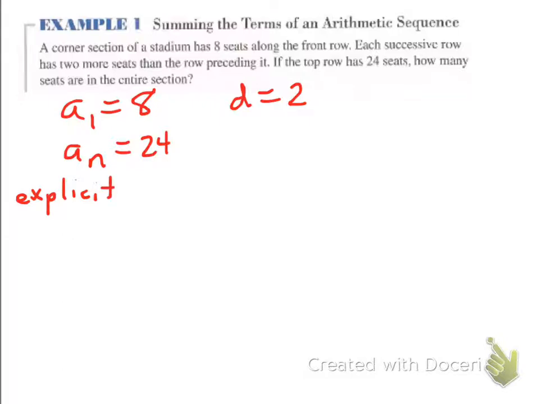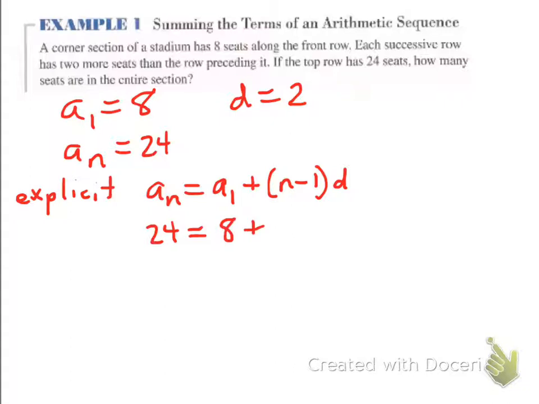This is arithmetic, so a sub n equals a sub 1 plus n minus 1 times d. Let's plug in what we know. A sub n is 24. A sub 1 is 8. I don't know how many terms there are, but I do know the common difference is 2.